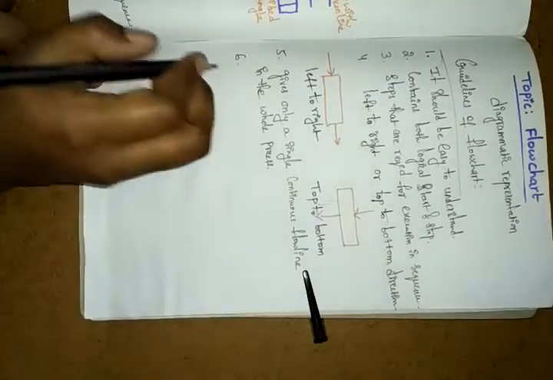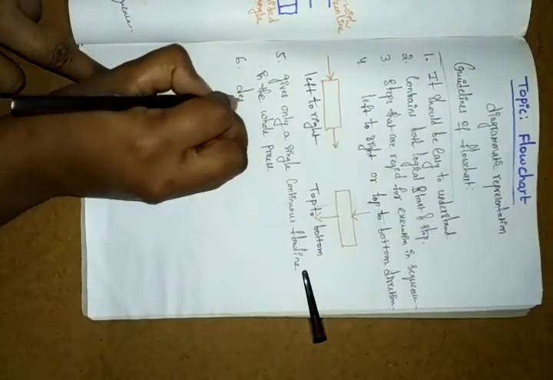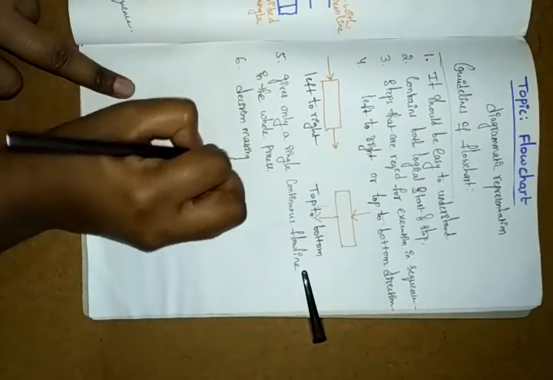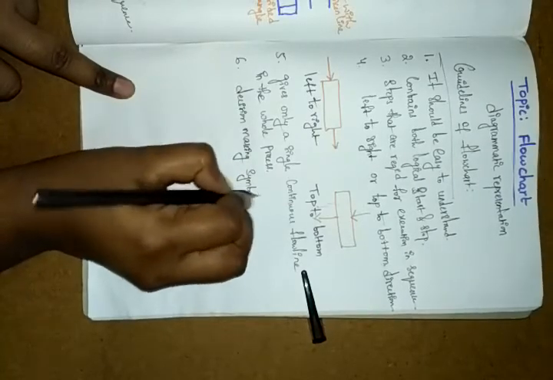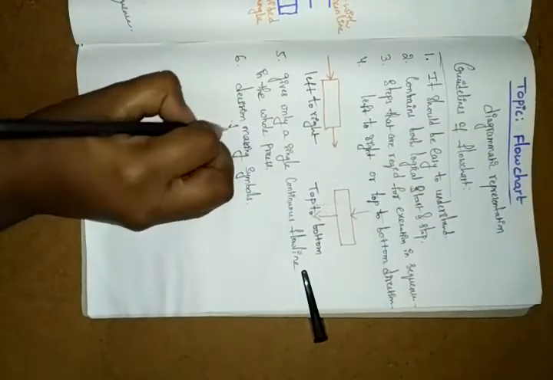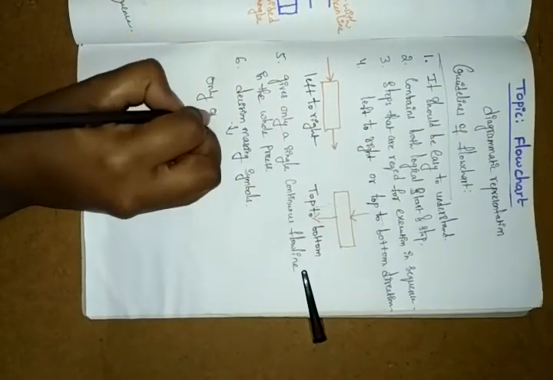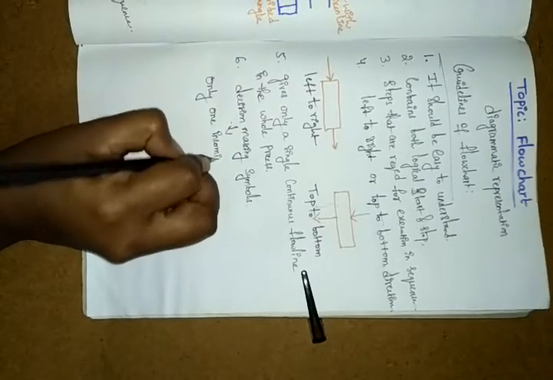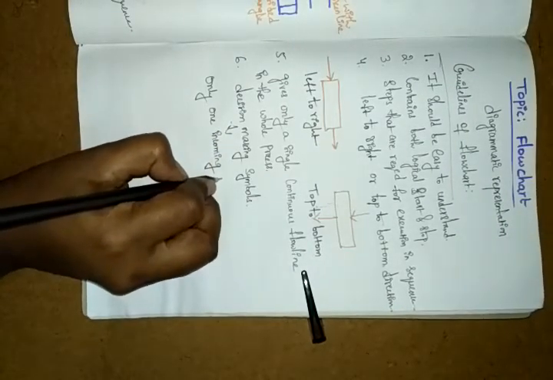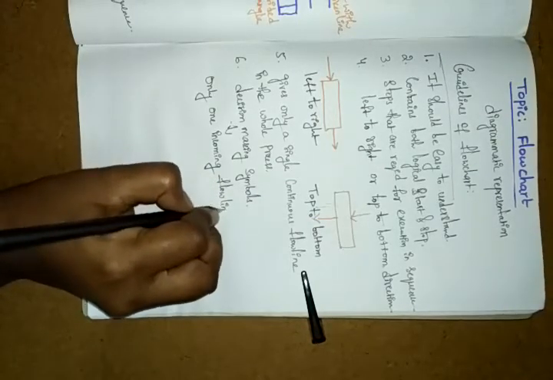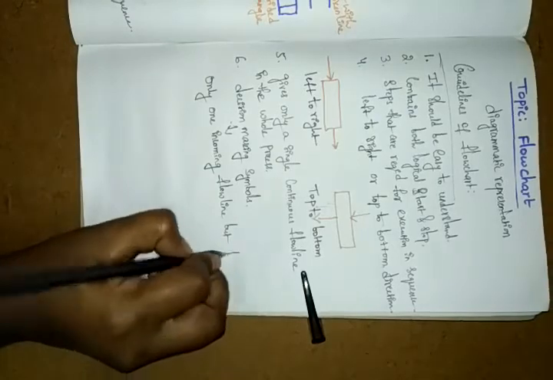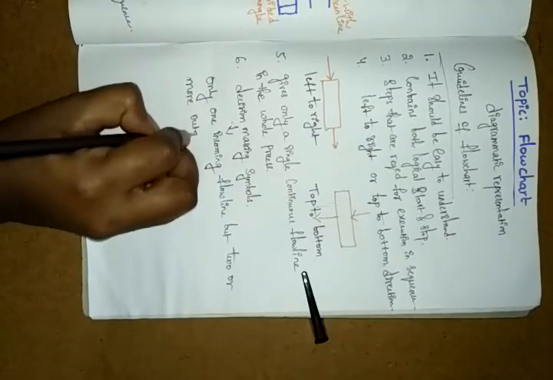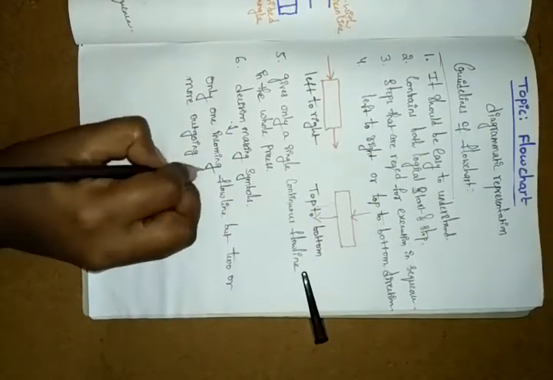Here we have the decision making symbols. This symbol has only one incoming flow line, but it is giving two or more outgoing flow lines.